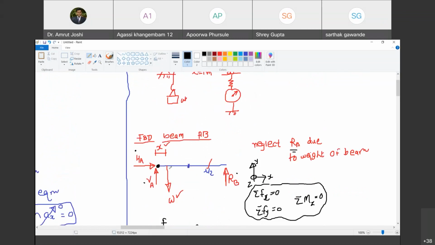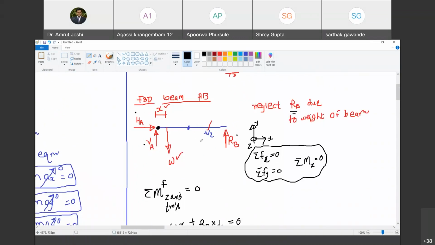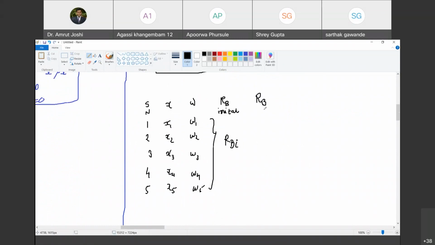And now when you have W1 at X1, you have one value of RB, which will include the contribution due to self weight. Are you with me? Yes, sir. So I'm calling that reading RB, but how will you get RB due to only W? It will be RB minus RB initial. Are you with me? Yes, sir.